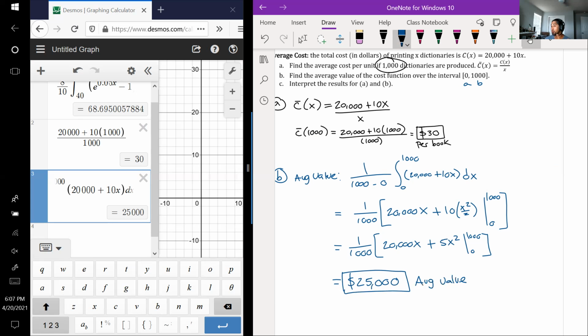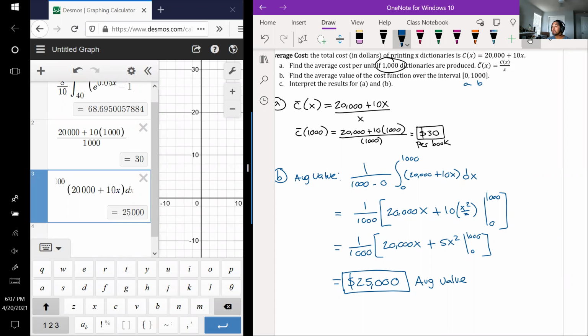So when we say interpret the results, if we make 1,000 dictionaries, it should cost around $30 per book. But for the average value, if we're going to make 1,000 dictionaries, then that cost should come around $25,000. So there's a little difference.